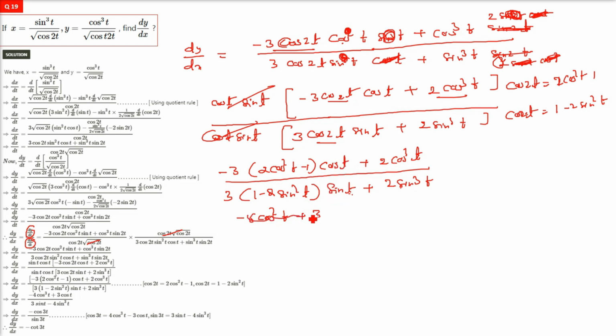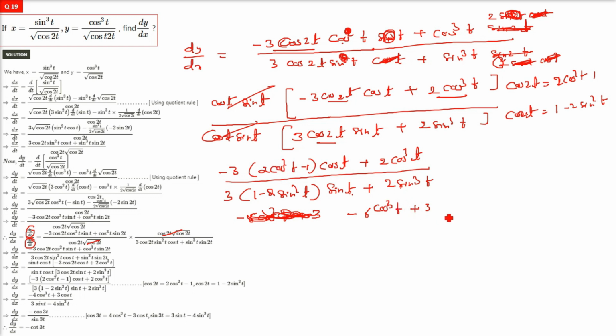So I am multiplying cos t into 3. And don't take cos and sin common here. That will be a problem because we are actually going to make the cos 3t and sin 3t formula. If we take this cos t and sin t common, as we have taken earlier, there will not be any formula being formed.